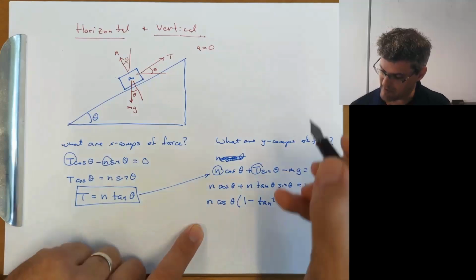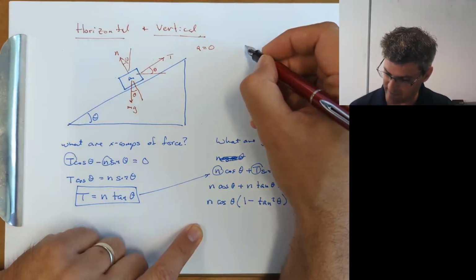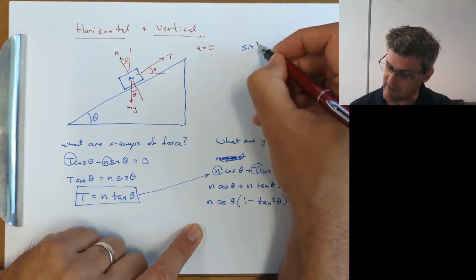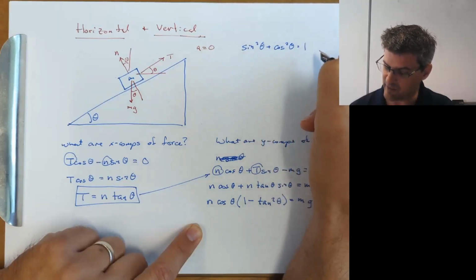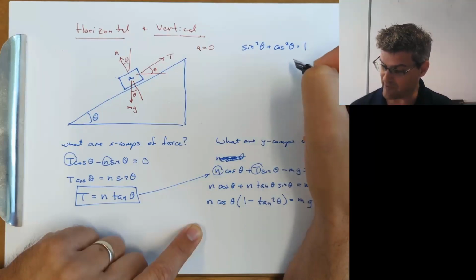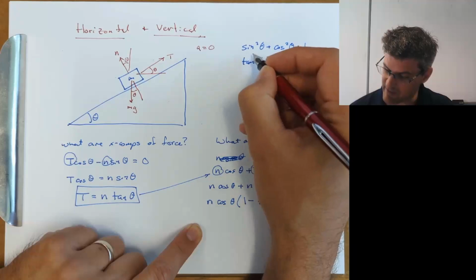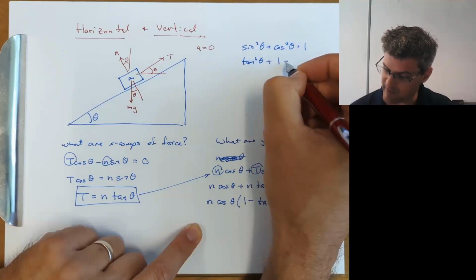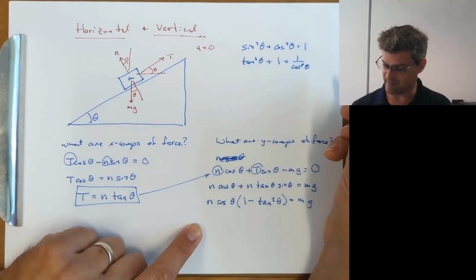What is 1 plus tangent squared? Okay, so once again, sine squared theta plus cosine squared theta is equal to 1. If I divide both sides by cosine squared theta, this becomes tangent squared theta plus 1 is equal to 1 over cosine squared theta.